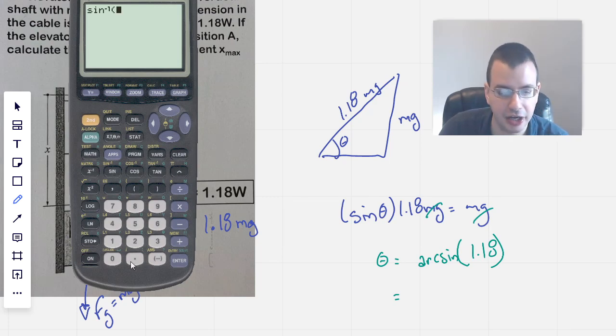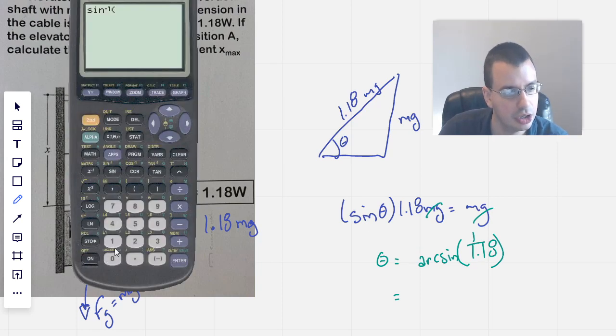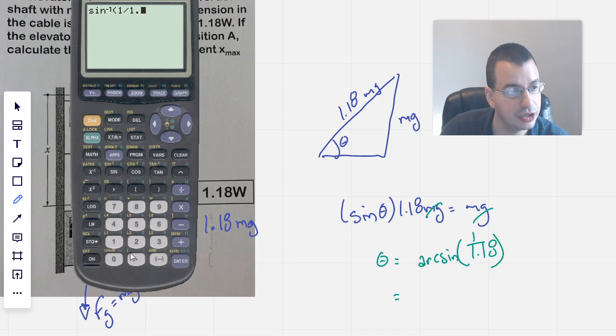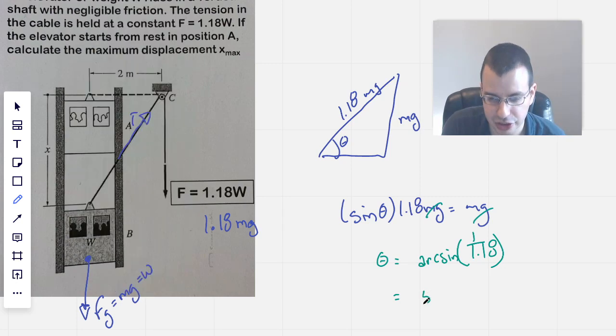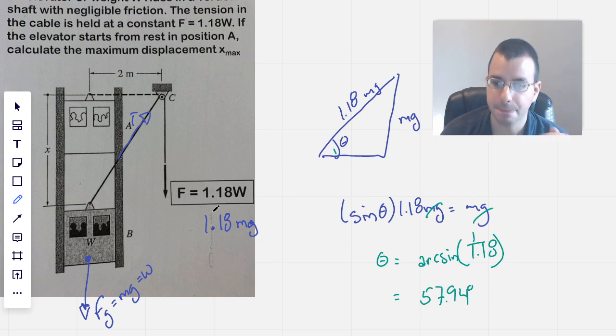Second, arc sine of 1 over 1.18, and we get about 57.94 degrees. So basically this is saying that the elevator drops until this theta here is 57.94 degrees. Therefore, at that point, the vertical component is enough to hold it up.